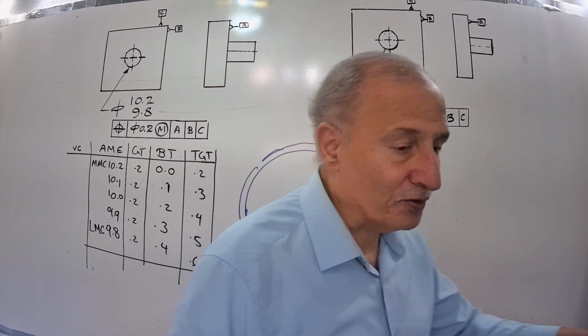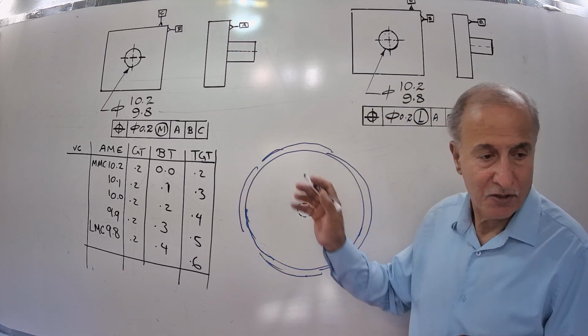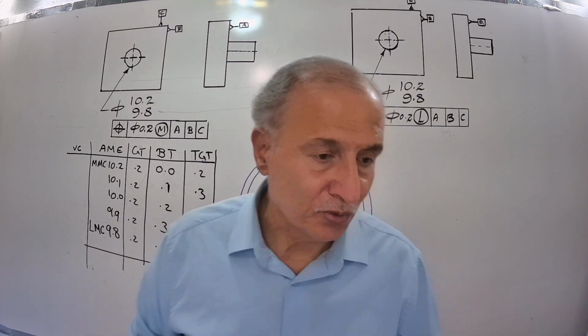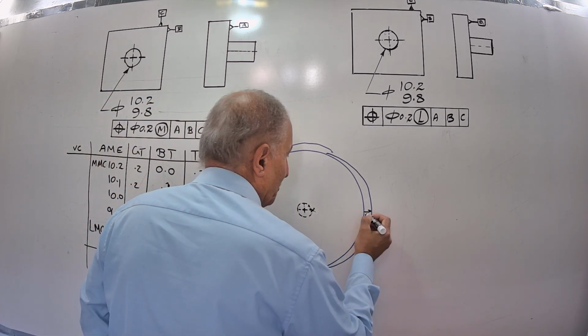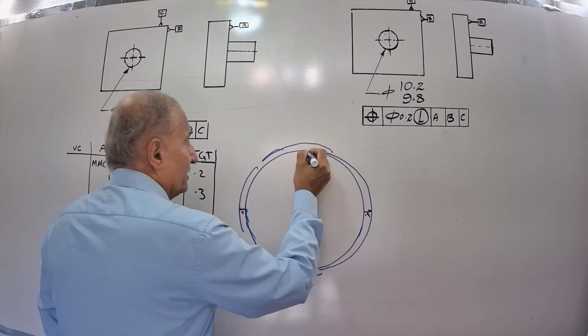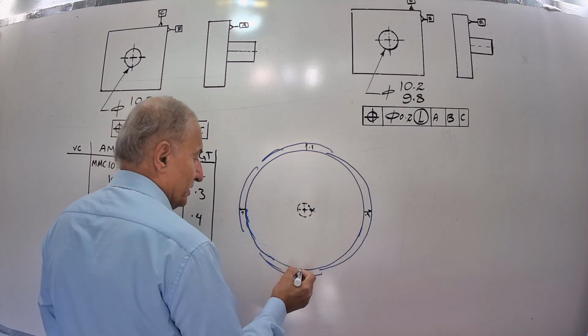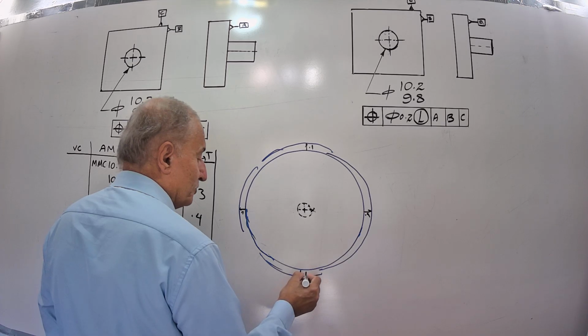Then we have four circles. I didn't draw all complete circles, but I showed the amount that it can be switched. It can be switched here, 0.1, here, 0.1, here, 0.1, and down, the position of the axis 0.1.